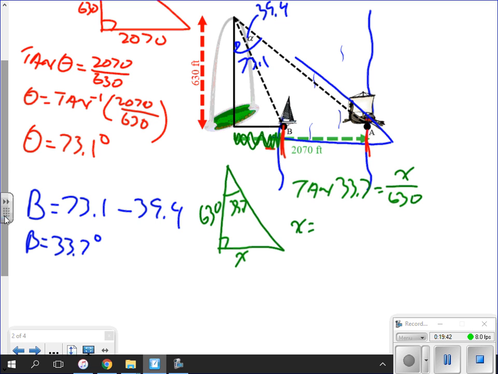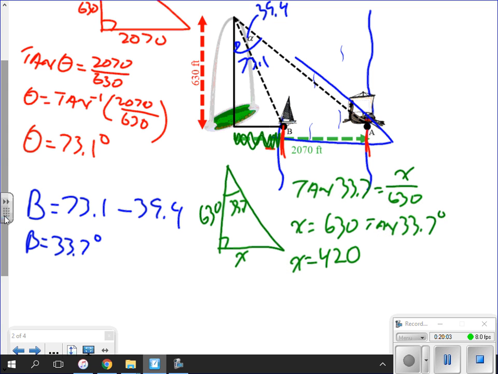X equals 630 times the tangent of 33.7 degrees. X is, what did I get, 420 feet, rounding it off, because that's really about as accurate as it can actually be, right?